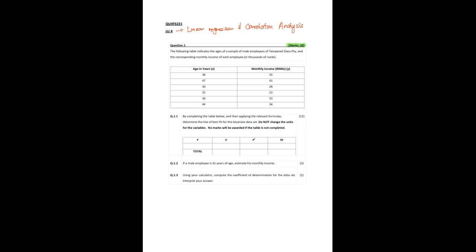So we're firstly trying to identify, is there a relationship that exists between the two variables? And if there is one, and that's linear regression, where we identify or we quantify the relationship between the two variables. If there is a relationship, and this is where correlation analysis comes in, we look at the strength of that relationship. So we look at, is there a positive relationship between the two?